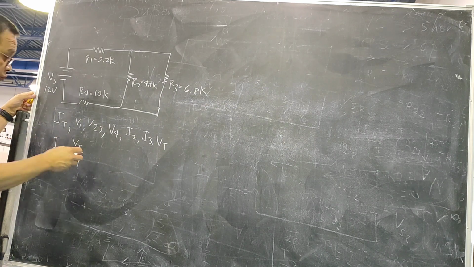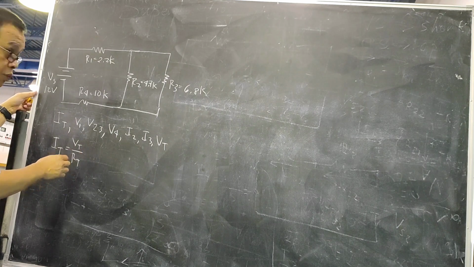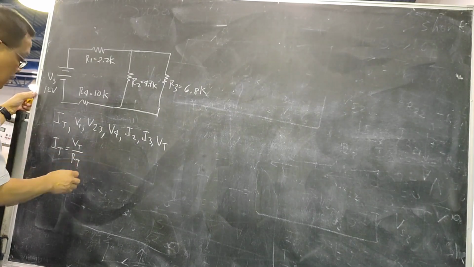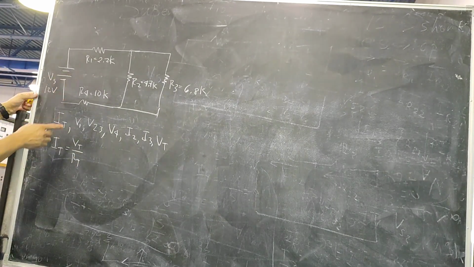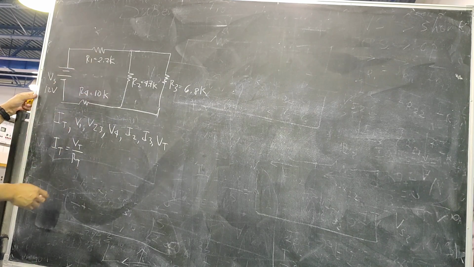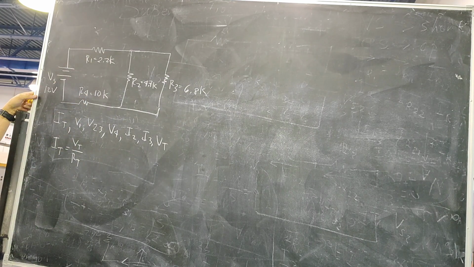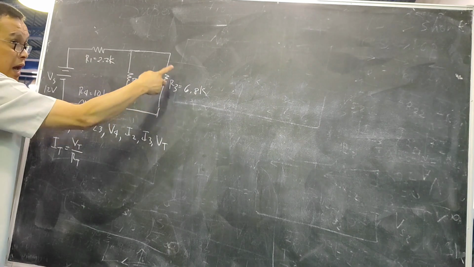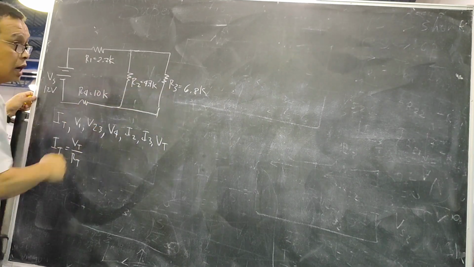Now, how can we get R total? Very simple. This is parallel. We can combine these two resistors, R2 and R3.